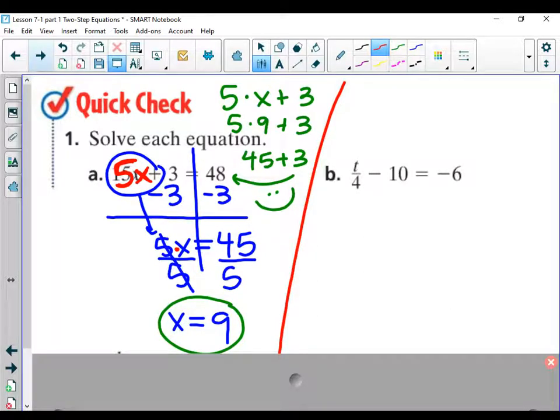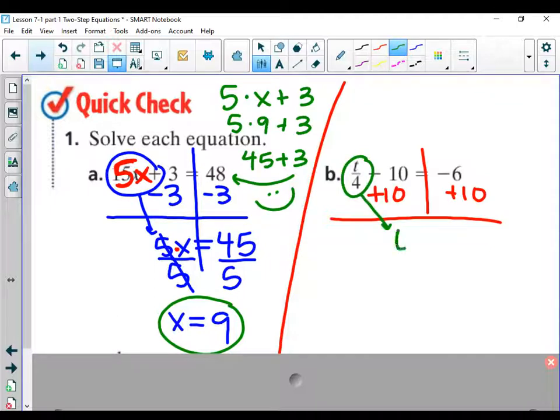Box 3, I need to undo minus 10 with a plus 10. Variable comes down. Ooh, we haven't had negatives for a while. Negative 6 plus 10.